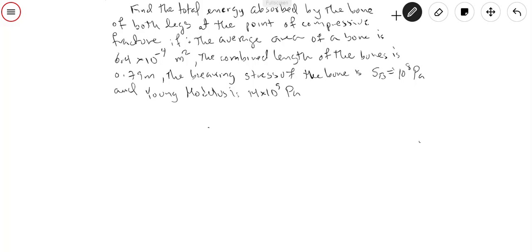The breaking stress of the bond, there is SB, and is equal to 10 to the 8 pascals, and the modulus of Young, that is 14 times 10 to the 9 pascal.